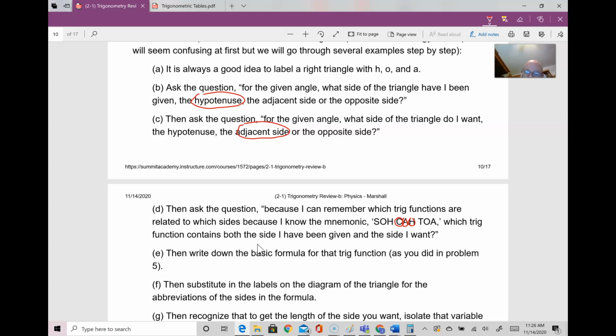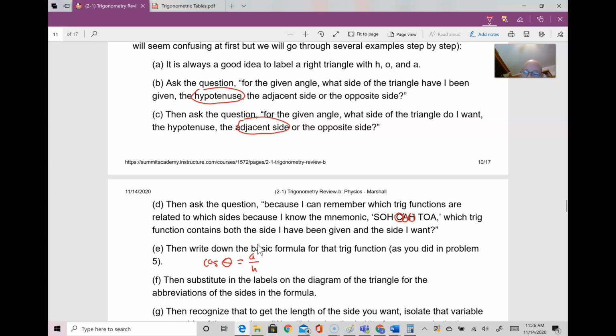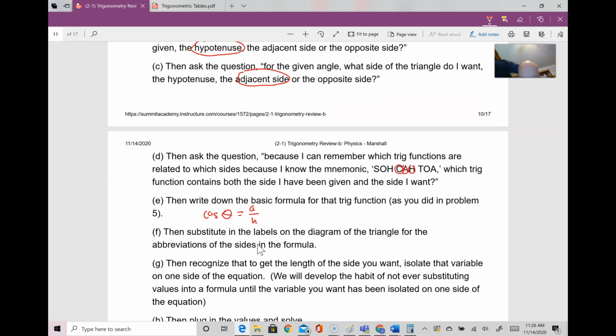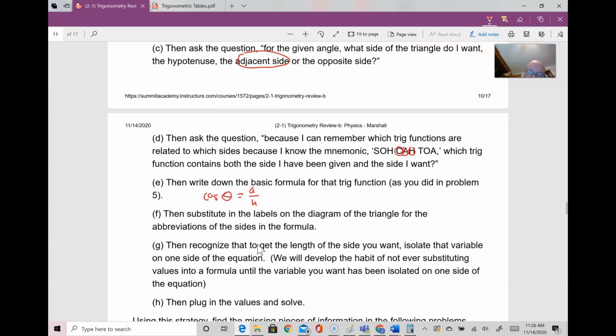So then I'm going to write down cosine of theta, and the definition, equals a over h. Then I will have some labels on the diagram for each of those sides, and I'll write down whatever label it is for the adjacent side and the hypotenuse.